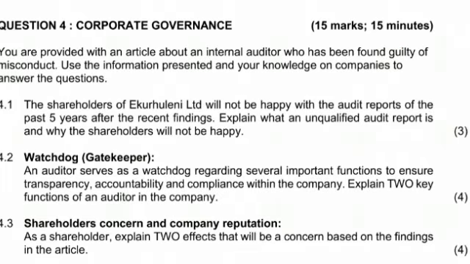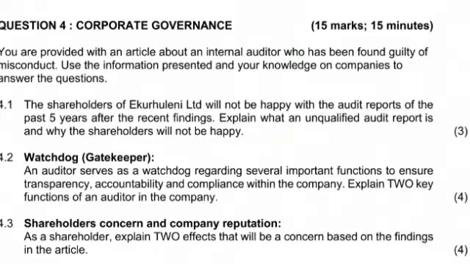In question 4, we are looking at corporate governance. It says you are provided with an article about an internal auditor who has been found guilty of misconduct. Use the information presented and your knowledge of companies to answer the questions. In 4.1, it says shareholders of Ekurhuleni Ltd will not be happy with the audit report of the past 5 years after the recent findings.